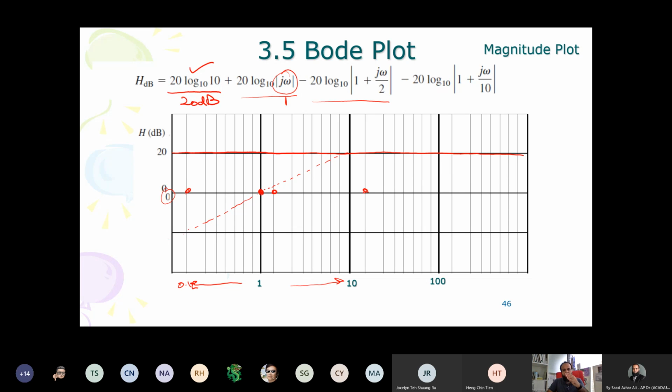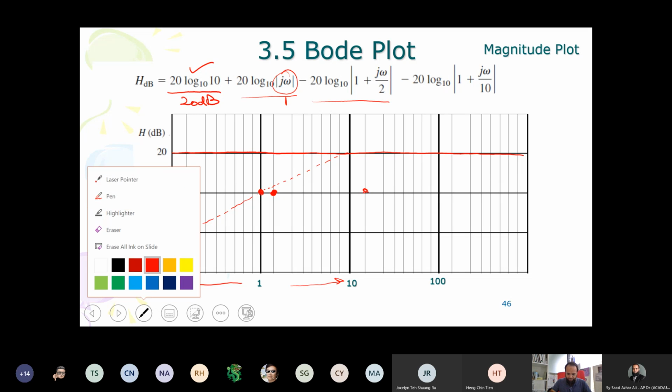A 0 is in the numerator, so it goes up. You can see that this line that I just have drawn, it's going upwards. So it's plus 20 dB per decade. For a pole, it will be minus 20 dB per decade. Again, centered at the frequency 2. And actually, we don't need this point for this particular case.